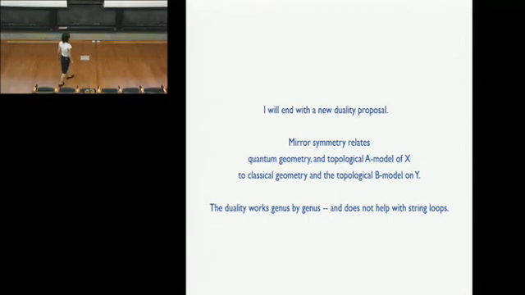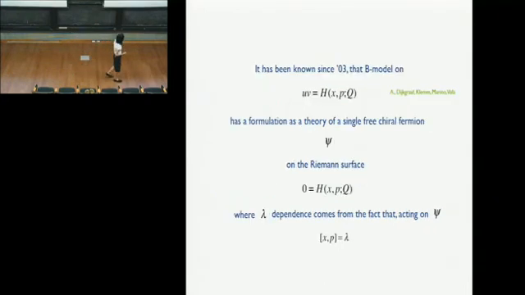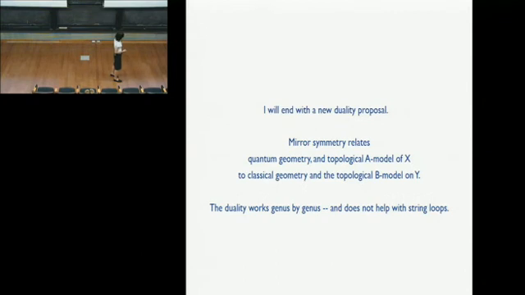Mirror symmetry relates quantum geometry of the A model on X to classical geometry of the B model on Y, but you still get fully quantum theories on both sides. You have to deal with string loops parameterized by lambda. The dual perspective I'm going to tell you about is a theory which, in some sense, is maximally classical. Okay, and I'll explain.